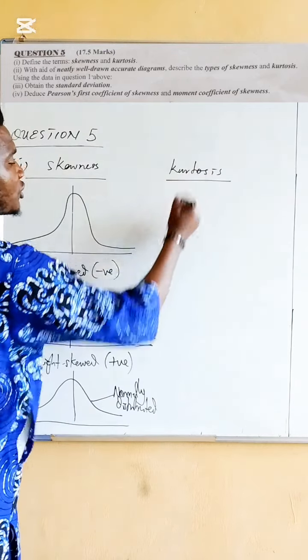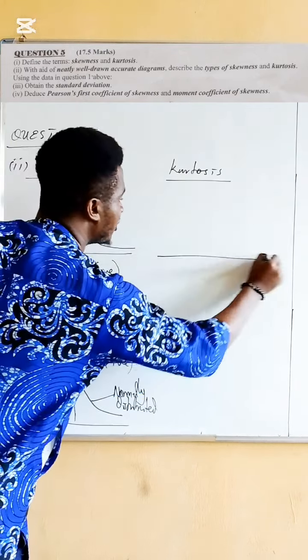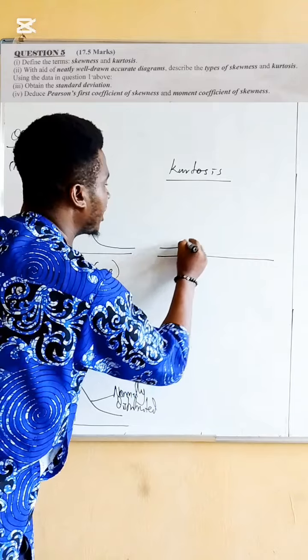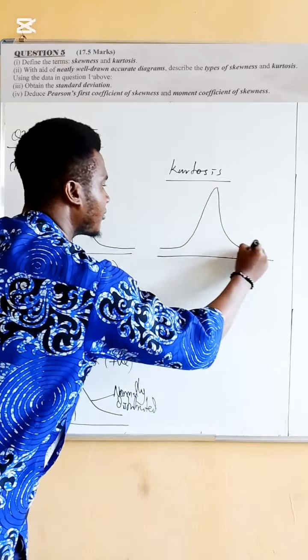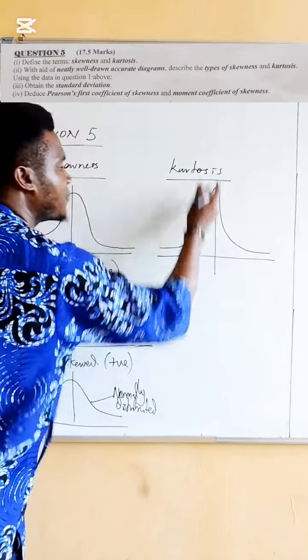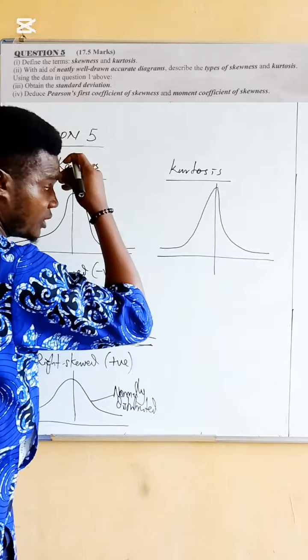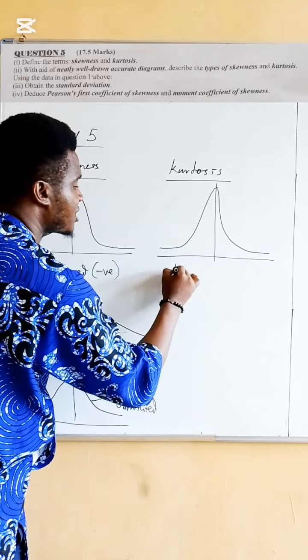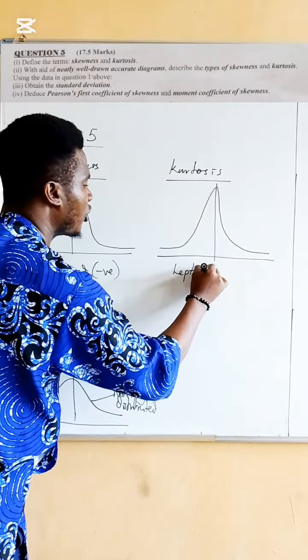Now coming to kurtosis, the degree of thickness of a distribution, you could have a case like this, where it is peaked upwards. We call this a case of leptokurtic.